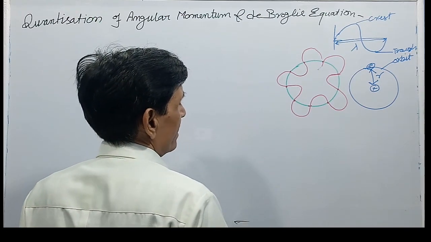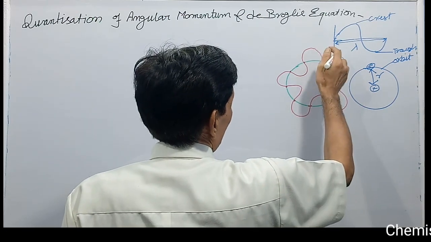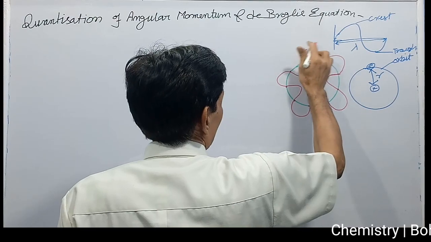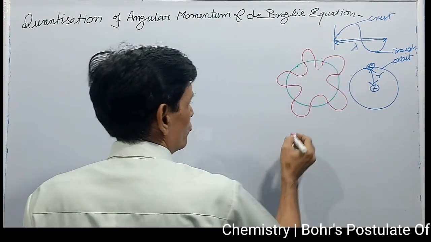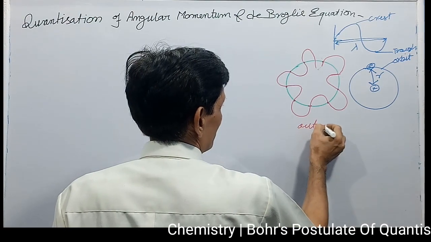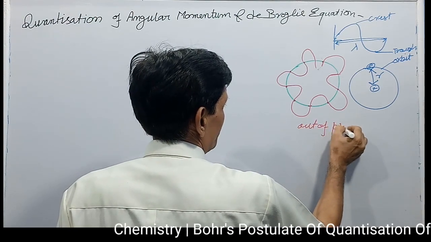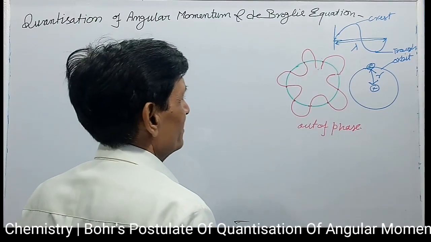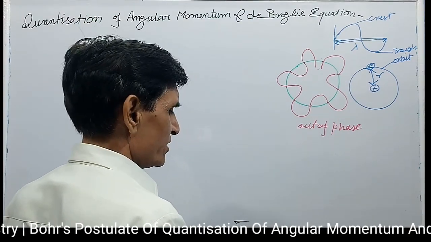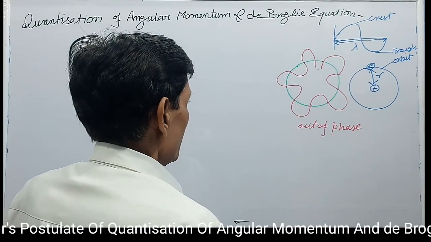In this case, see, these two ends are not meeting constructively, hence this wave is out of phase, because these ends do not meet to produce a regular series of crest and trough.